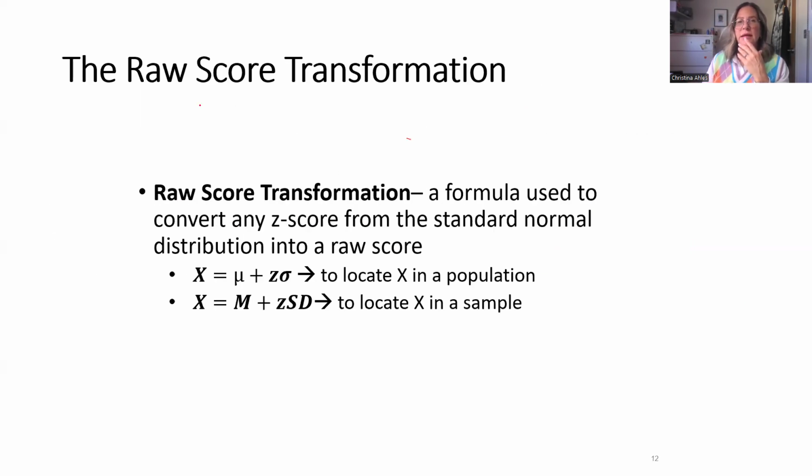It's basically the same equation, except now we just have it solving for X instead of solving for Z. So for population, it's the population mean plus the z-score times the standard deviation of the population to find its raw score at that z location. For the sample, it's the sample mean plus that z-score times the standard deviation to find the raw score at that z location.